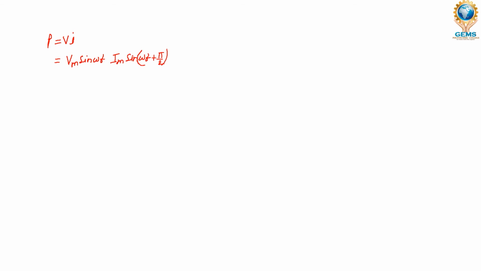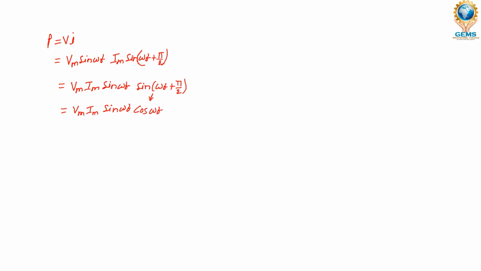From this we can write Vm into Im into sin omega t into sin(omega t plus pi by 2). Here we can write this as Vm into Im into sin omega t cos omega t.